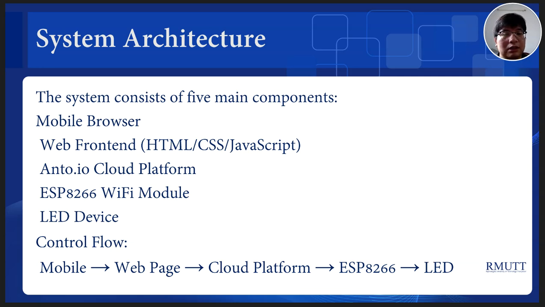The system includes 5 major layers. First, the mobile browser as the user interface. Second, the web front-end built using HTML, CSS, and JavaScript.